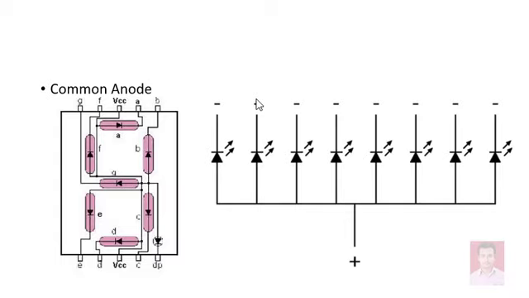So in order to turn on a particular LED, you need to send a low signal on these lines. Sending a low signal is not going to bother about the current sinking problem. So common anode type of 7 segment displays are preferred most over the common cathode type.